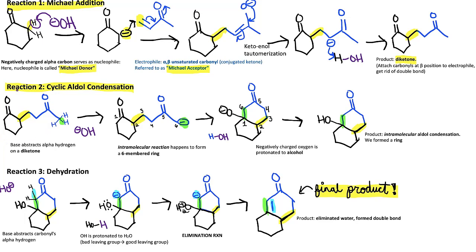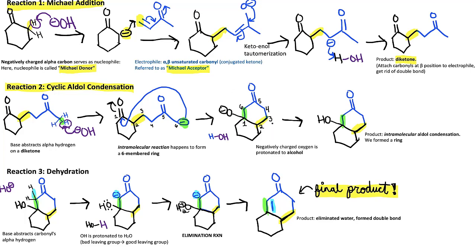So I'm looking here, and it turns out that if I deprotonate this alpha hydrogen on this side of the carbonyl, we actually can use this negative charge to form a stable 6-membered ring. So this negative charge can be used to nucleophilically attack the carbonyl on our cyclohexane ring, and these electrons are going to come up.